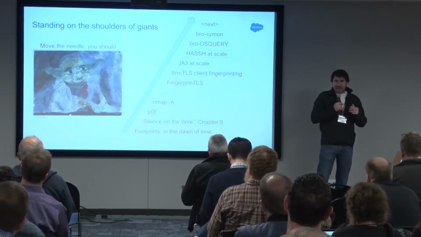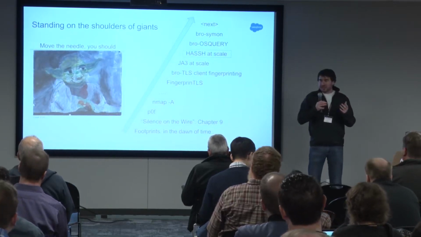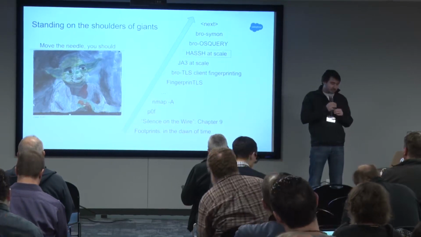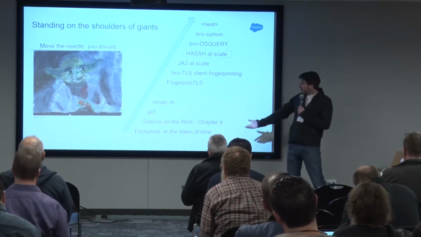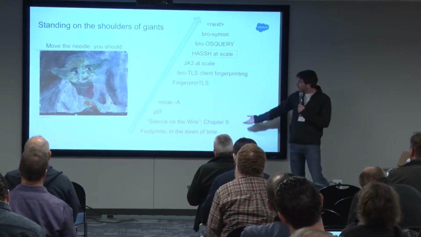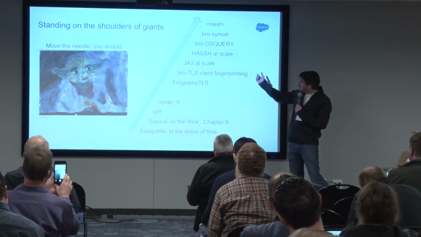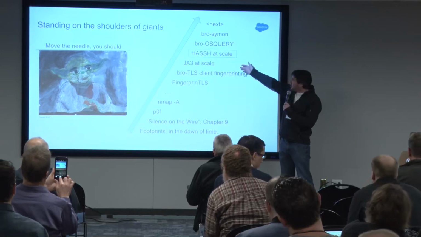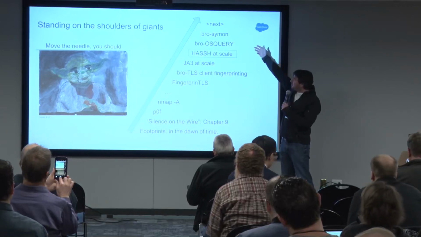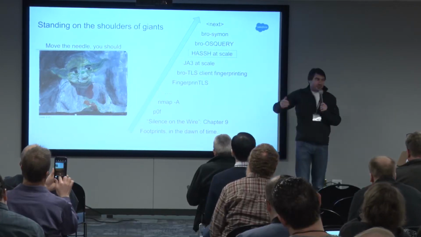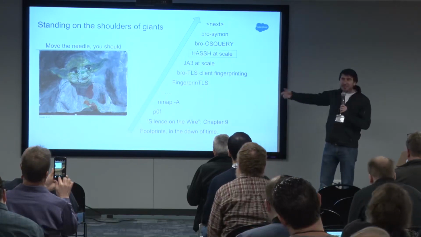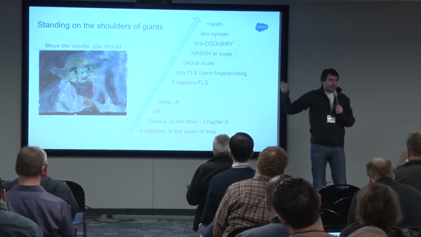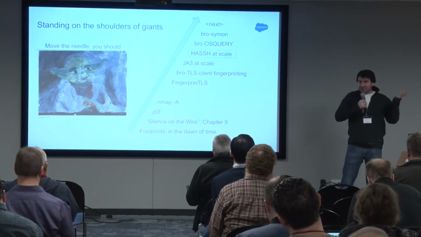So some background: HASSH is a fingerprinting technique for SSH. So here's the background of fingerprinting over the network. Fingerprint TLS by Lee Brotherston inspired JA3. JA3 inspired HASSH. HASSH inspired Bro Sysmon, and so on. As people are creating things and open sourcing them, it inspires new things, and that's why we do it.